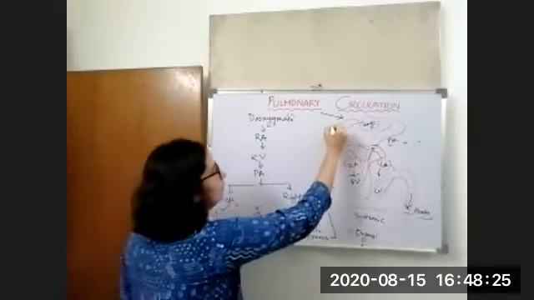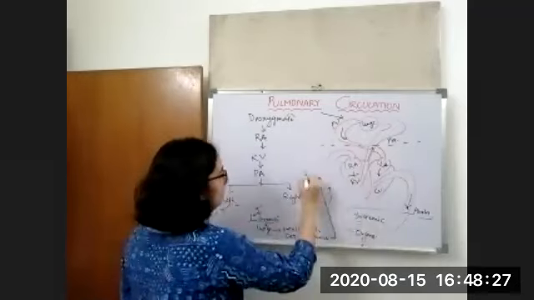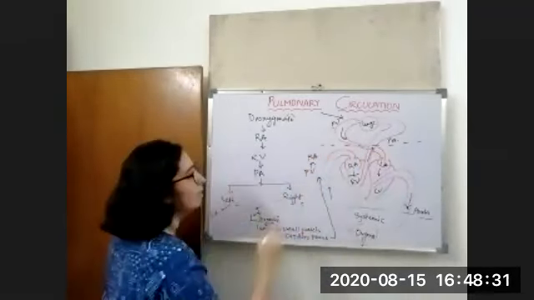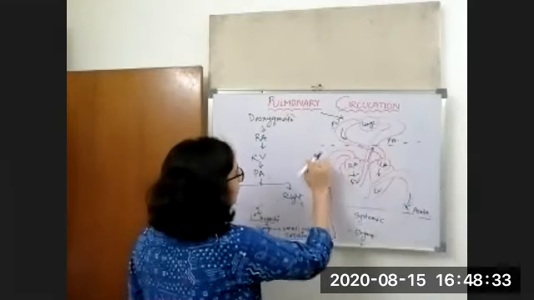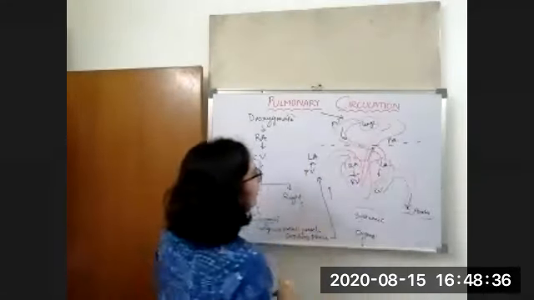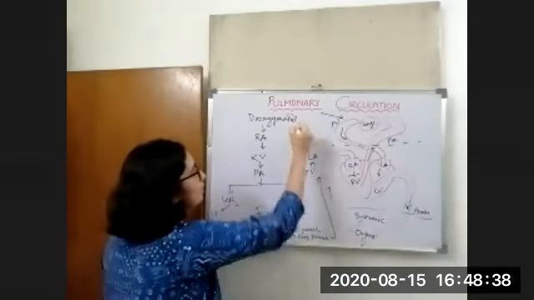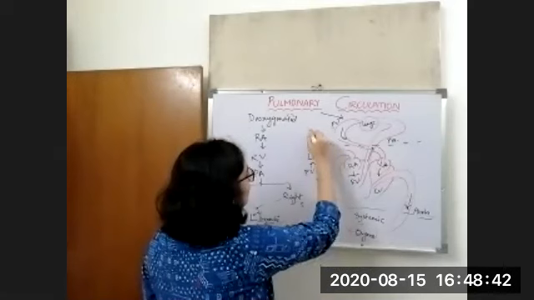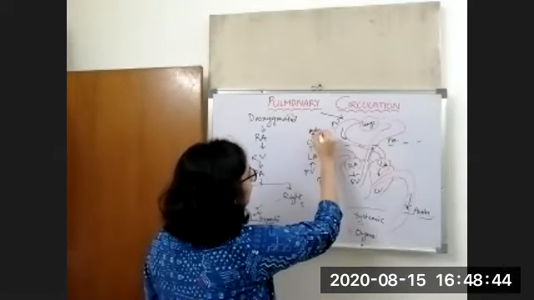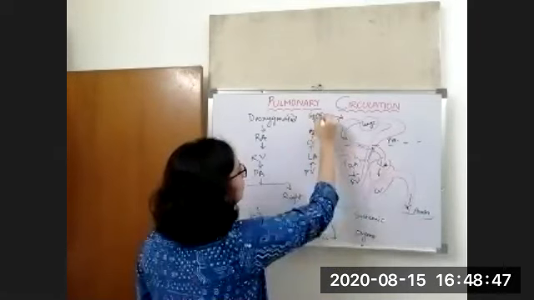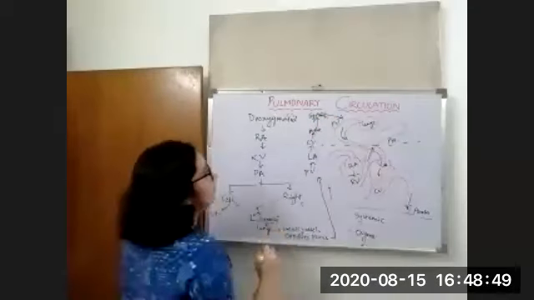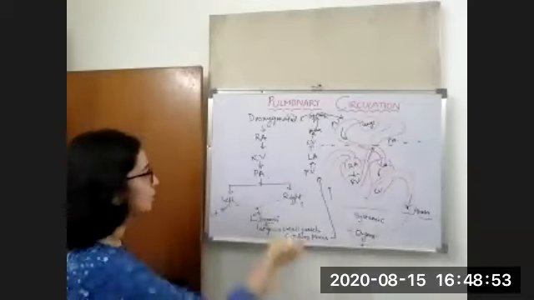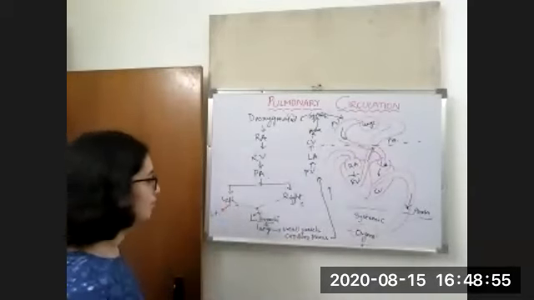It drains into the pulmonary vein, into the left atrium. It drains into the left atrium, and it again goes to the left ventricle and to the aorta into the systemic circulation. In the systemic circulation it again gives off the deoxygenated blood. So this cycle continues.